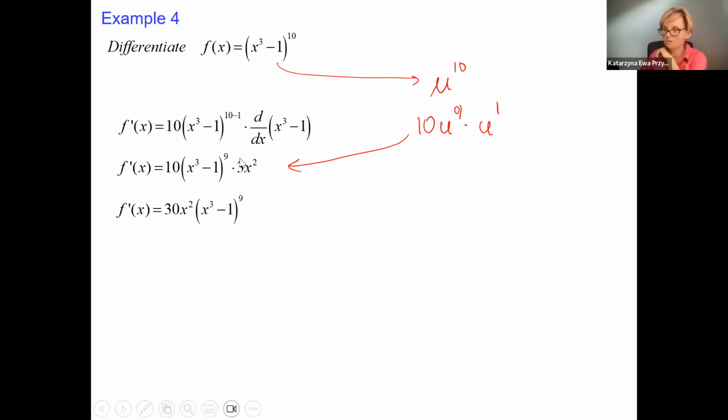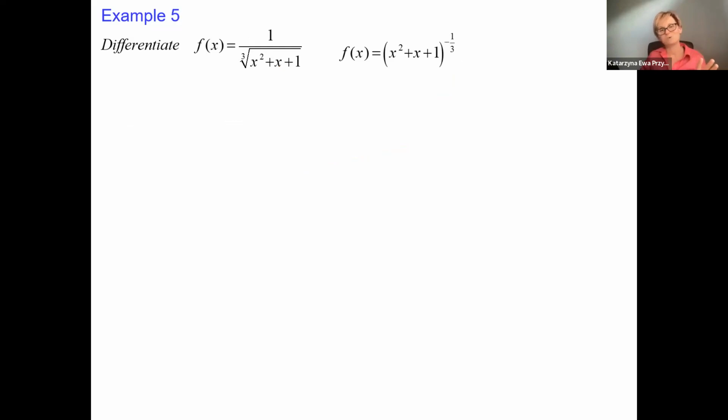And I can maybe multiply these two, but it's fine. I have plenty of examples in this presentation you can go through. Let's maybe solve a couple more, and then you can practice and practice. I have this one, but I can leave it for you.